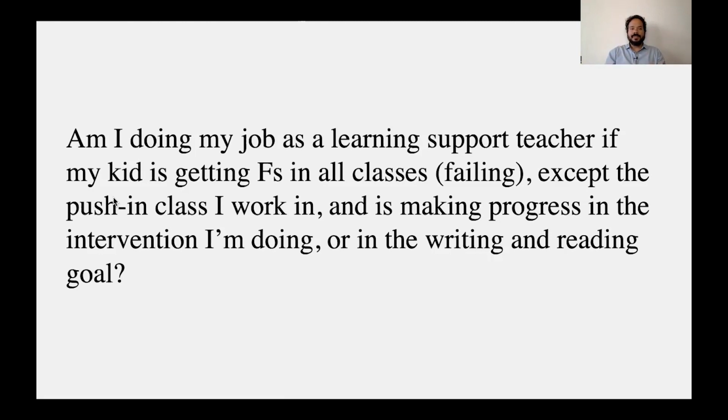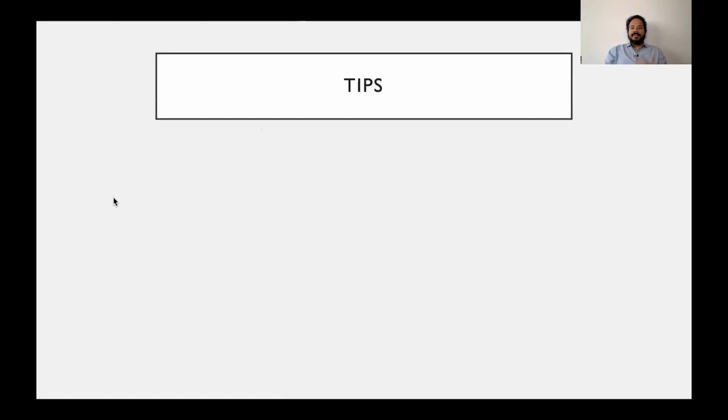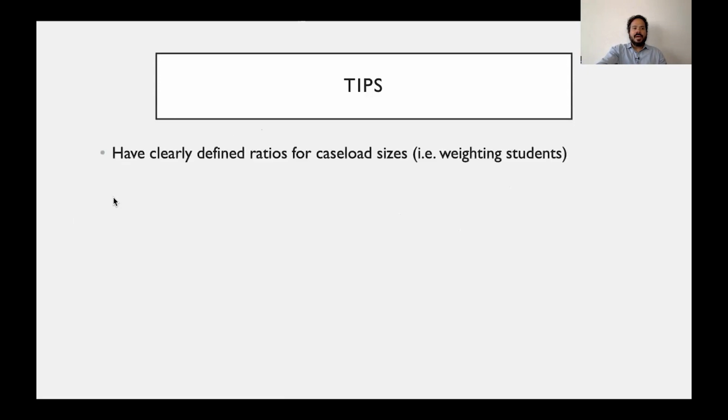Okay, some final tips, I don't know if tips is the right word, but just some final ideas. I think we need to have clearly defined ratios for caseload sizes. And one of the things I brought in to some schools I worked at is the idea of weighting students. A student on the monitor list might be a 0.5 weight.